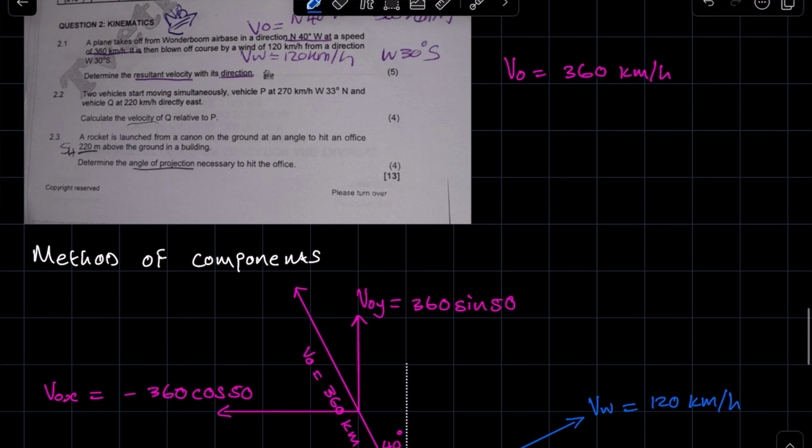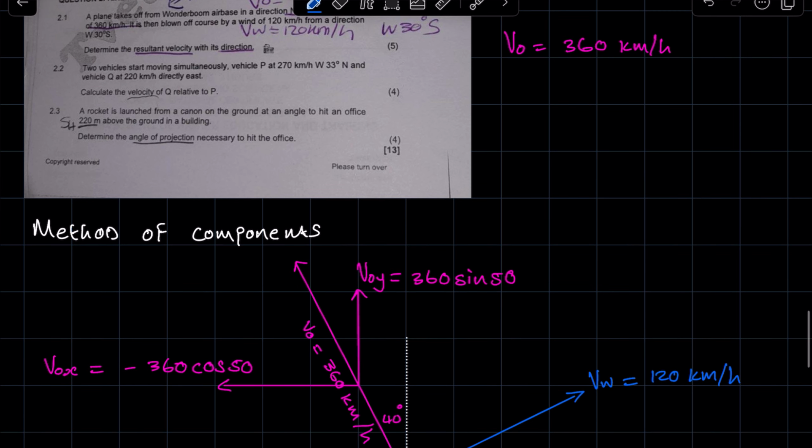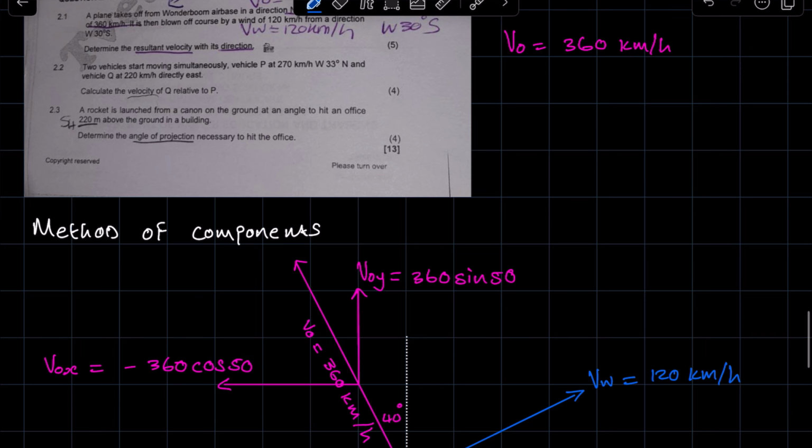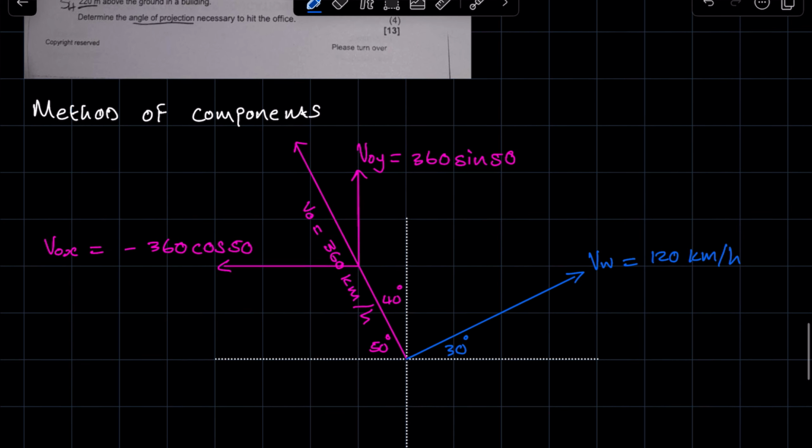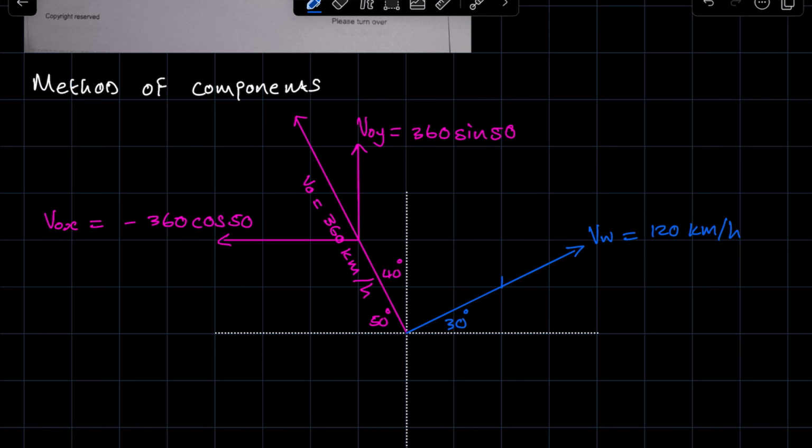As again is evident, the wind vector is oblique, so we have to resolve it into its components in order to apply the conditions of equilibrium. Resolving this into its components, you have the vertical component as well as the horizontal component. Our angle is referenced from the x-axis, so our vertical component will be in terms of sine and the horizontal component in terms of cos.